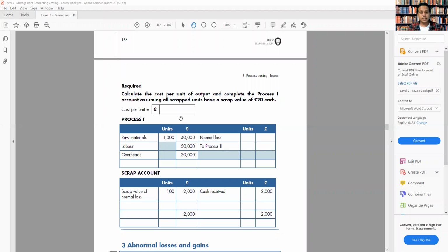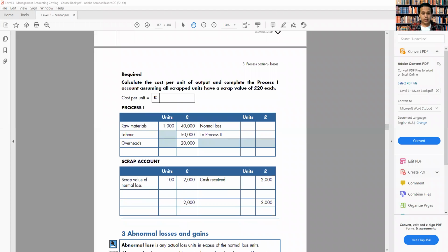So now we need to calculate the cost per unit. So let's do that. The formula we already know. So we're going to use the same formula. We said total process cost minus scrap value of normal loss. If there is no scrap value on the question, you don't have to do it.